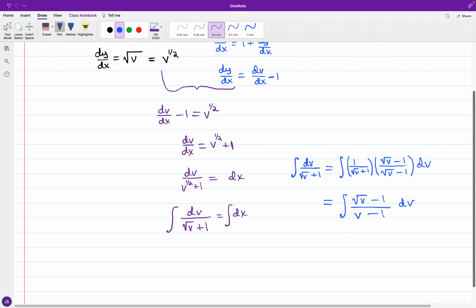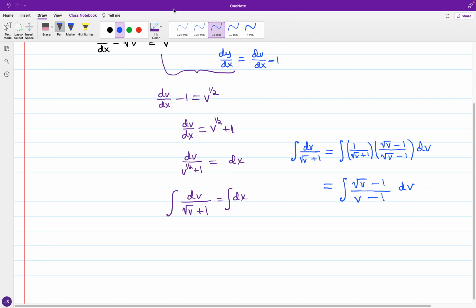And if I look at performing a special kind of u substitution, I will let u be equal to the square root of v, and if I square both sides, we have that u squared is equal to v, and taking the differential of both sides after squaring, we have 2u du is equal to dv.